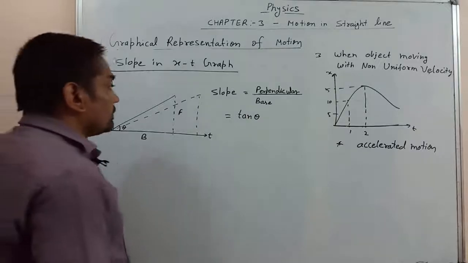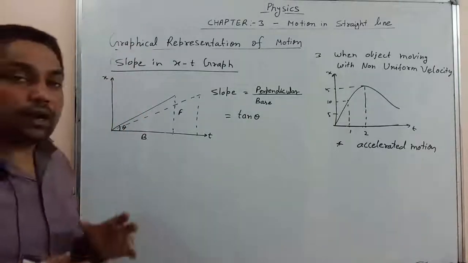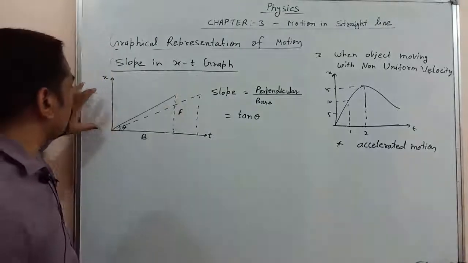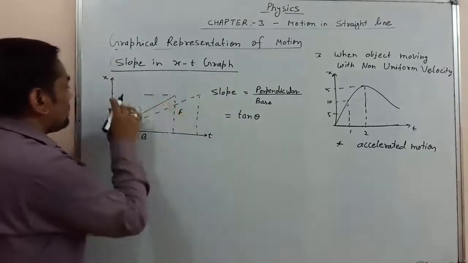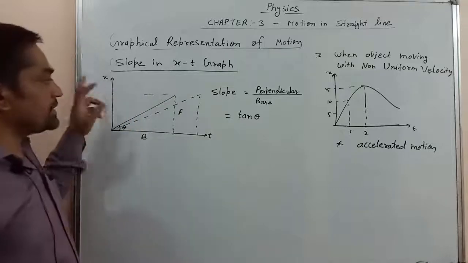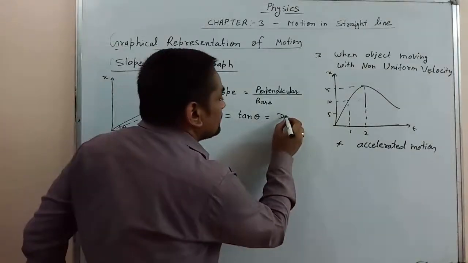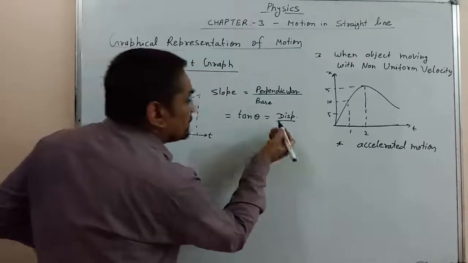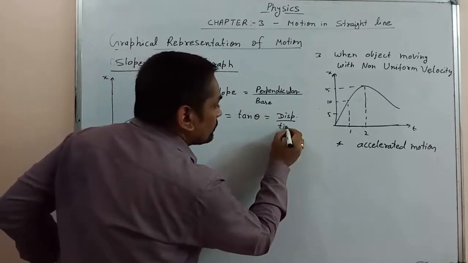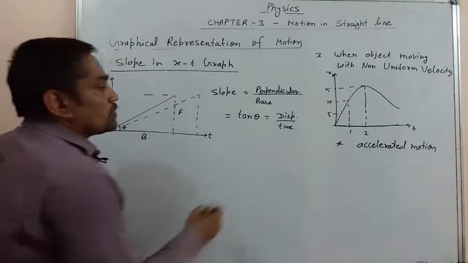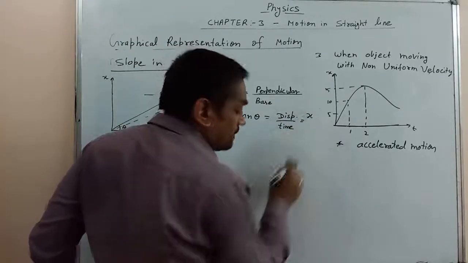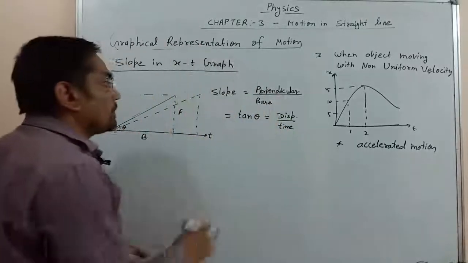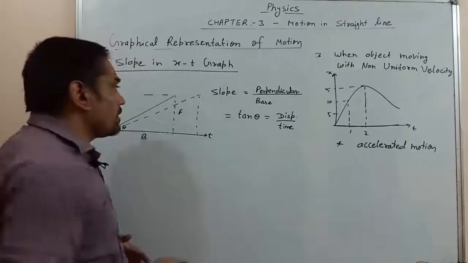Now what quantity is represented by the perpendicular? The perpendicular is represented by the displacement. And what is represented by the base? This is time. So this is displacement upon time, which is the slope, because perpendicular upon base is slope.